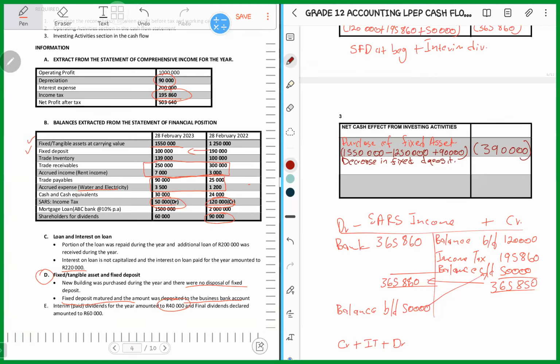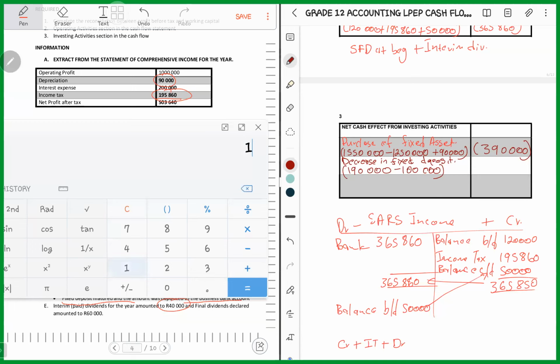The previous year it was 190,000. Then it's currently standing at how much? 100,000. It means that it matured. Then we're going to subtract 100,000. So we're going to say 190,000, then we subtract 100,000. That gives us an inflow of 90,000.